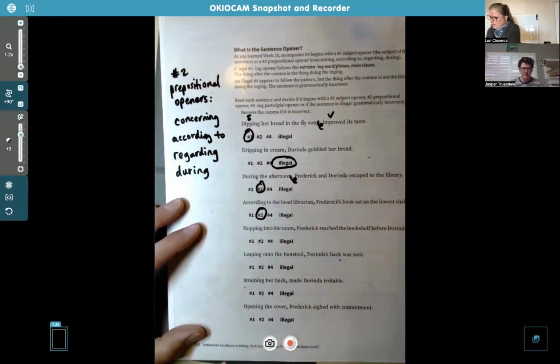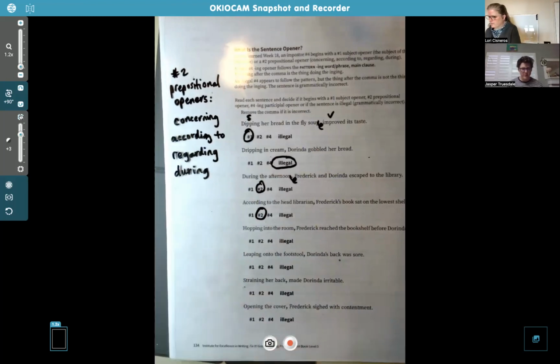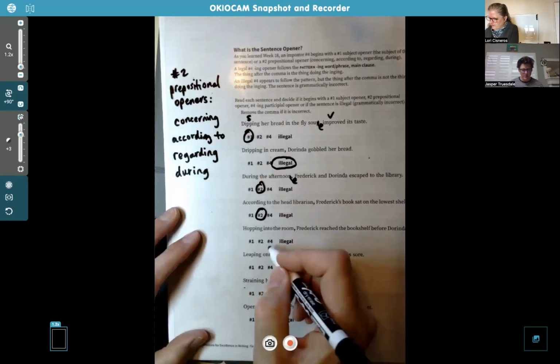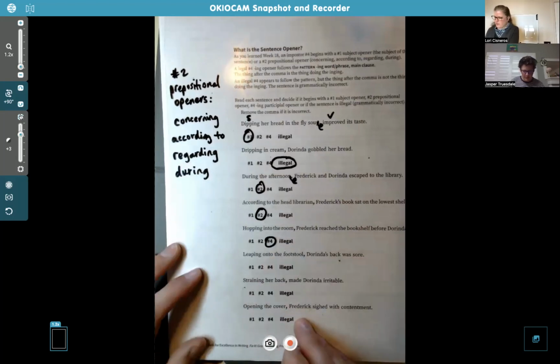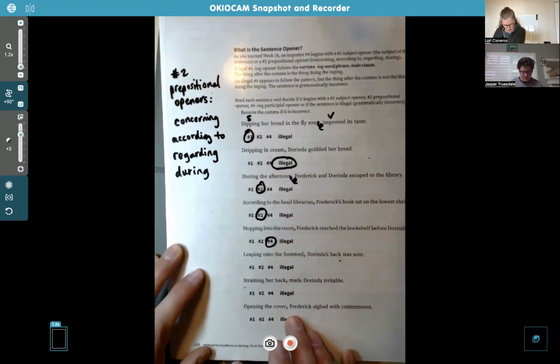All right. So down to this one: hopping into the room, Frederick reached the bookshelf before Dorinda. Is that one number 4 because Frederick is doing the hopping? Yep. Excellent. You got it. And there's nothing we need to change because the comma needs to stay.